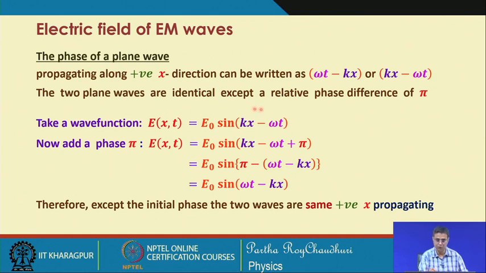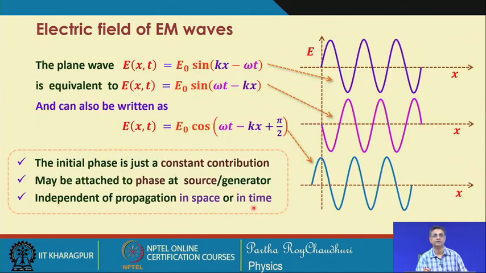So, this is very useful to understand, whether we write k x minus omega t or omega t minus k x. In general, when it is a 3-dimensional propagation, then we write k dot r minus omega t or omega t minus k dot r as well. So, this is one very useful aspect whenever we write the plane waves.